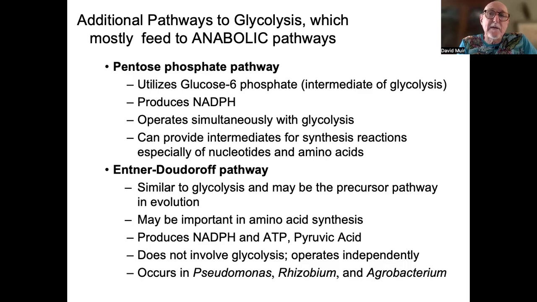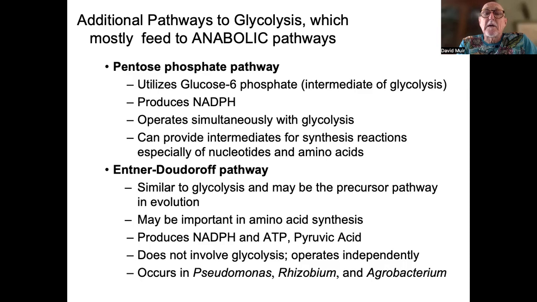And they're especially important in synthetic pathways, as I'll show you in a minute. I'm not expecting you to remember much detail, but both of these pathways feed into anabolic pathways and very often create monomers of things like the proteins.